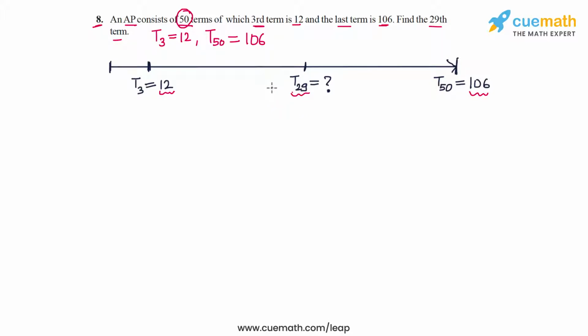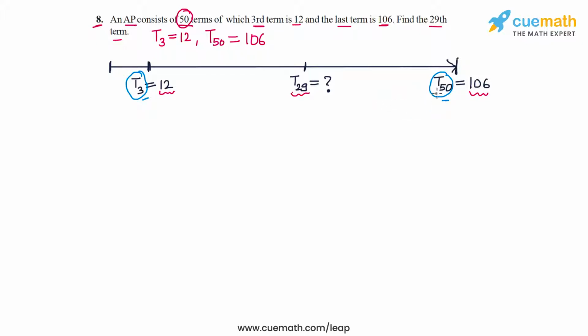Now the obvious thing to do is to find the common difference, and to do that we observe that to go from T3 to T50, how many jumps of D will it take? How many jumps of the common difference will it take?